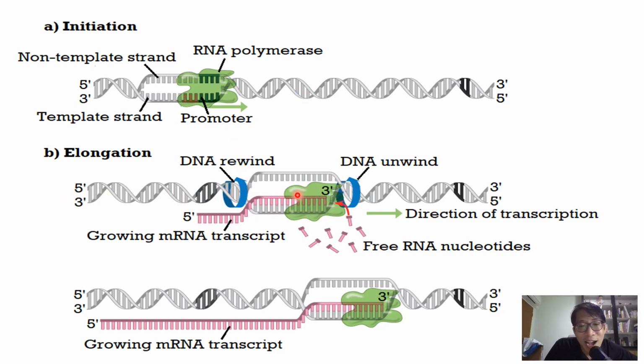As RNA polymerase continues to move up ahead, the DNA will be unwound by the RNA polymerase, but at the back, once the RNA polymerase has moved past, the DNA rewinds, and the mRNA strand is left dangling.